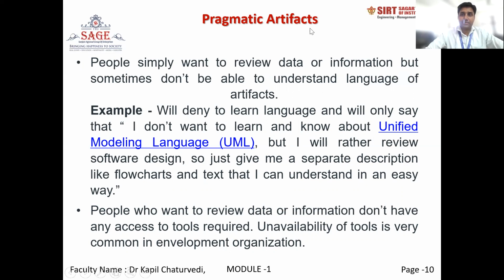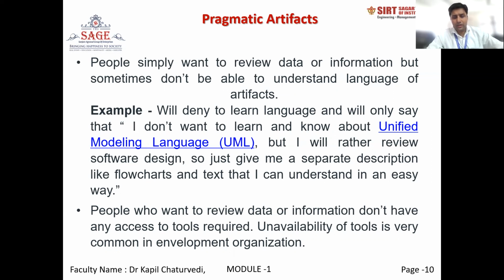Pragmatic artifacts are a special kind of artifacts which are basically used to review the project. Normally, people simply want to review data or information, but sometimes they are not able to understand the language of the artifact. Here we are talking about languages like C, C++, Java, COBOL, Pascal.